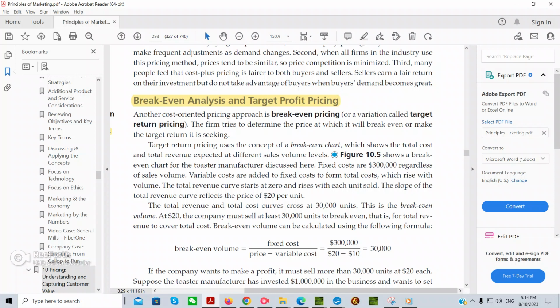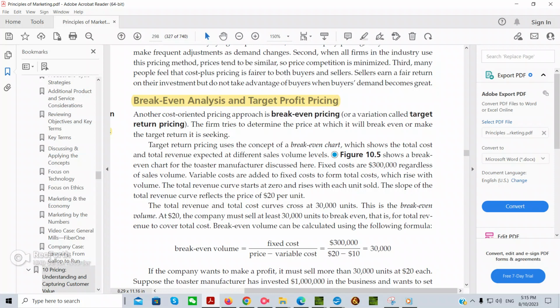That's $300,000 divided by 20 minus 10, which is $300,000 divided by 10. That's 30,000. That's the break-even volume. That means how many you have to produce to break even.